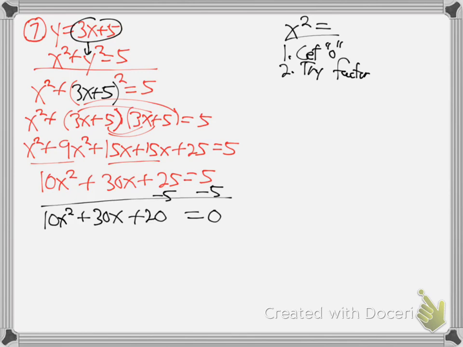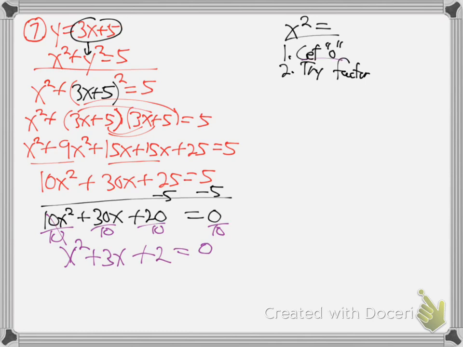And now, notice you can simplify that one. Okay, so let's solve this. Let's divide through by 10. See how 10 goes into all of them? Totally convenient. Then we have x squared plus 3x plus 2 equals 0.